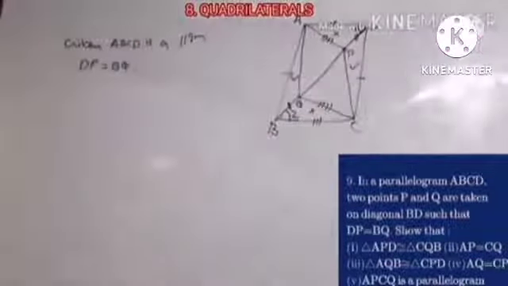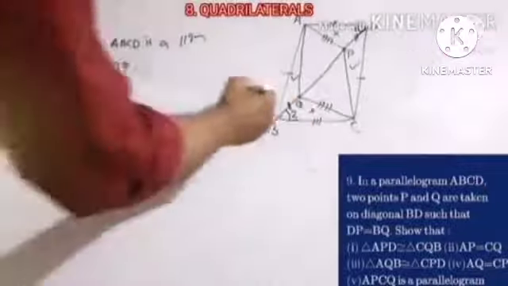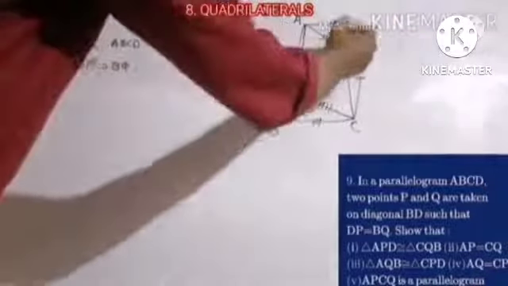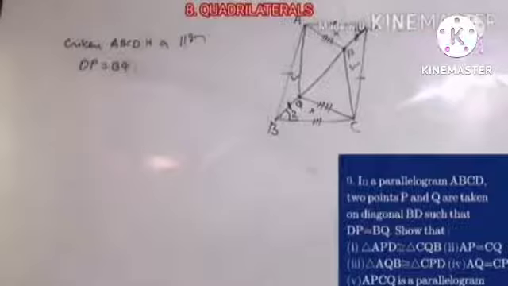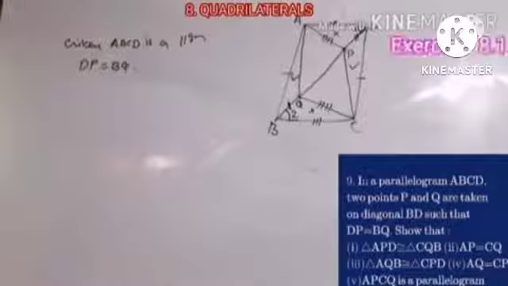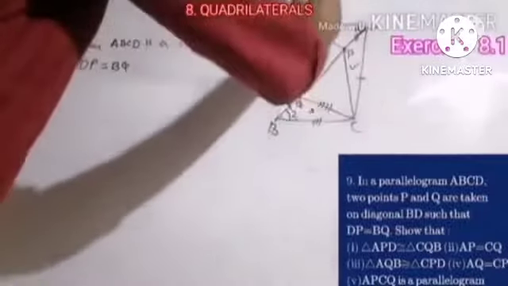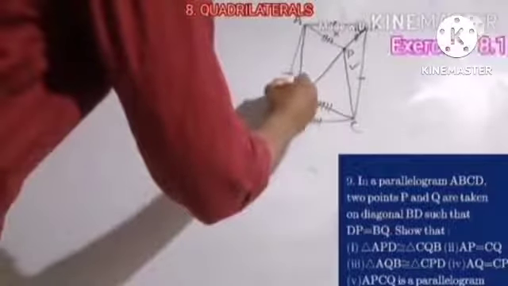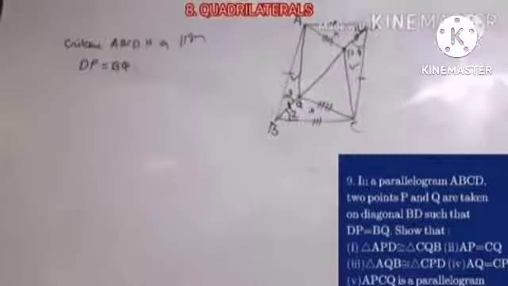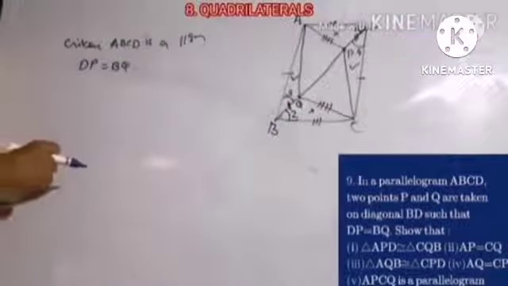We know that BC and CD are equal because they are opposite sides of a parallelogram. Then also BQ and DP are equal. That is given. Now one more to get. So which is that one? We know that CD parallel AB because it's a parallelogram. So this angle will be 3 and this angle 4, and angle 3 and angle 4 are equal, alternate interior angles.